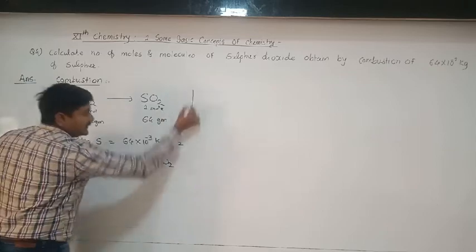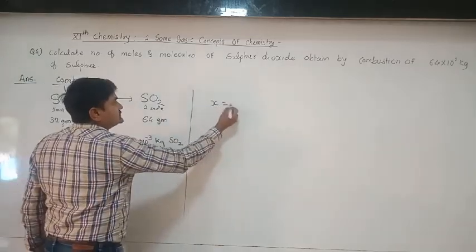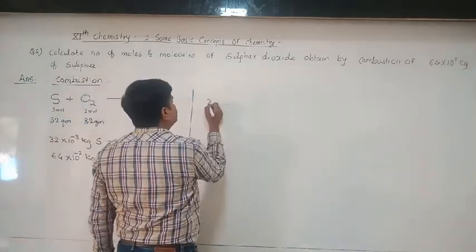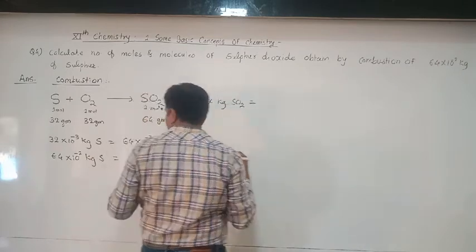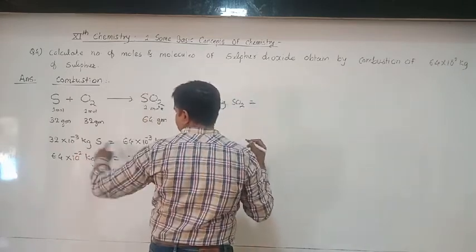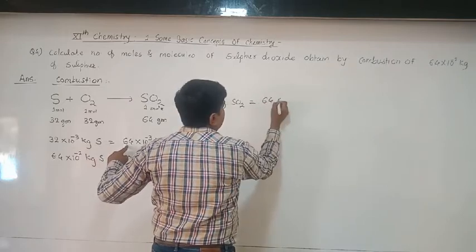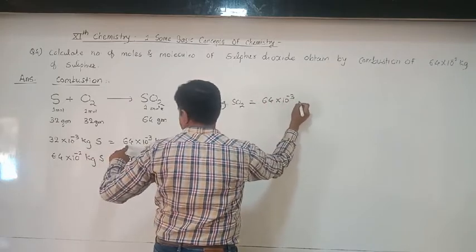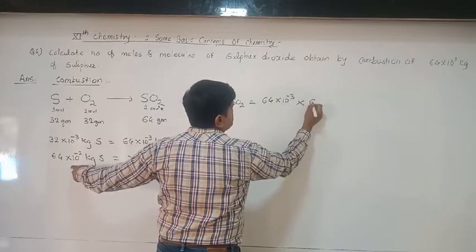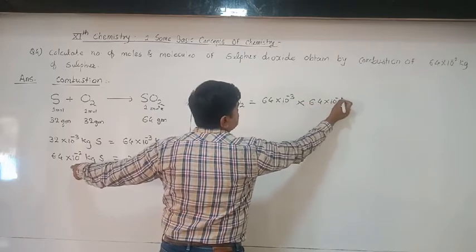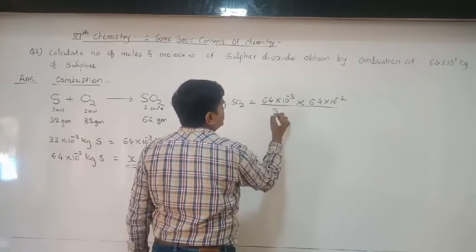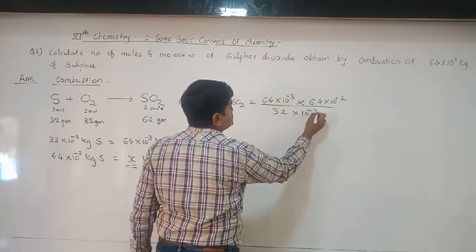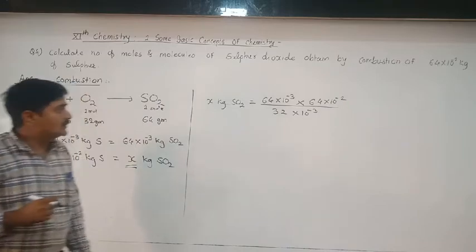X kilogram of sulfur dioxide is equal to 64 into 10 raised to minus 3 into 6.4 into 10 raised to minus 2 upon 32 into 10 raised to minus 3.